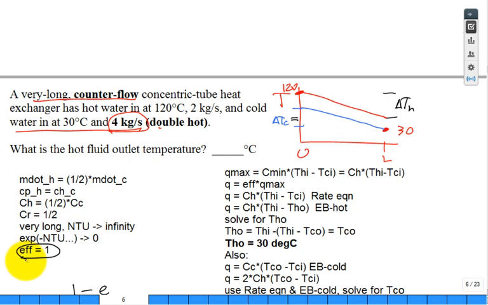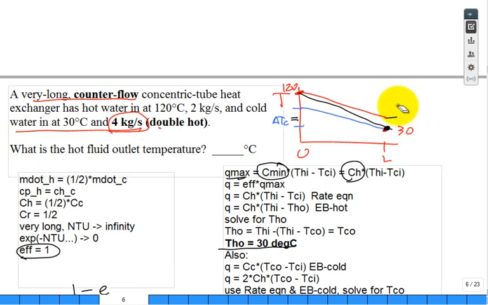All right. But when you calculate the Q max, you have to use the minimum heat capacity rate, which is for the hot fluid. The cold fluid's mass flow rate was doubled. You then calculate that the temperature hot out, when it goes infinitely long, goes to 30.